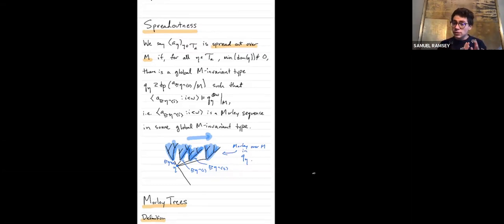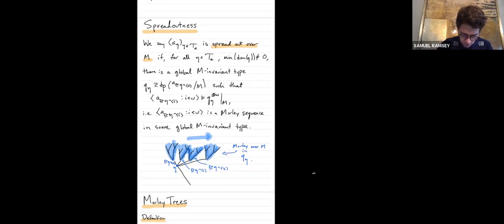So that if I look at the sequence of cones, eta concatenated with 0, eta concatenated with 1, eta concatenated with 2, so on and so forth, as I'm concatenating with progressively increasing natural numbers, that sequence of cones is a Morley sequence in that type. I shouldn't have said it this way. It shouldn't say in some global M-invariant type.